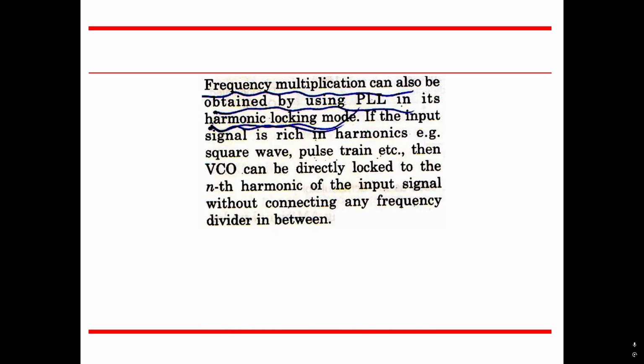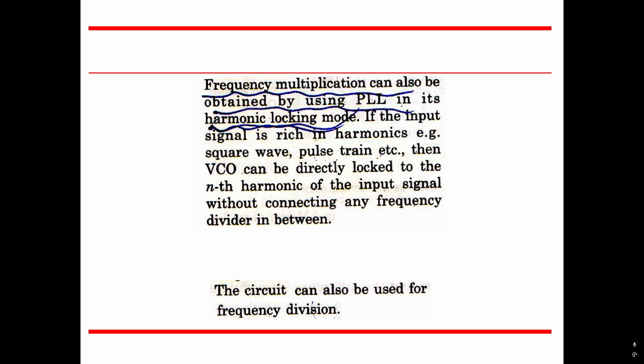Frequency multiplication can also be obtained by using the PLL in its harmonic locking mode. If the input signal is rich in harmonics, for example a square wave or pulse train, then the VCO can be directly locked to the nth harmonic of the input signal without connecting any frequency divider in between.